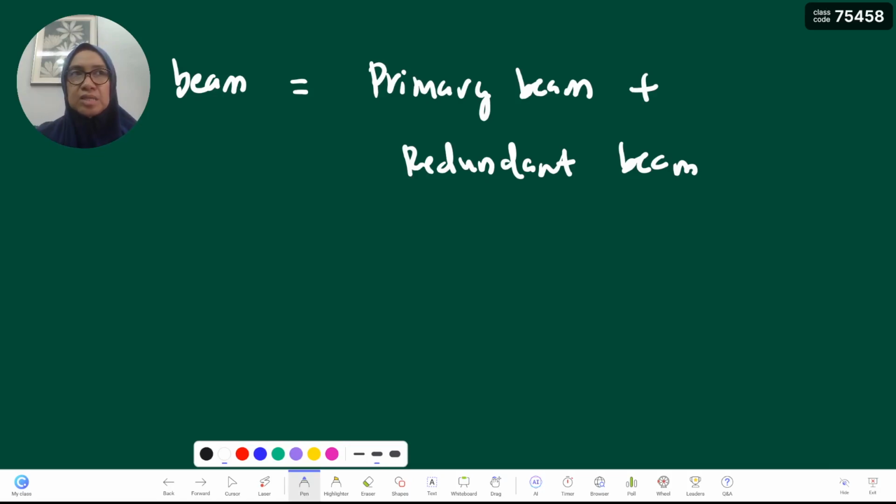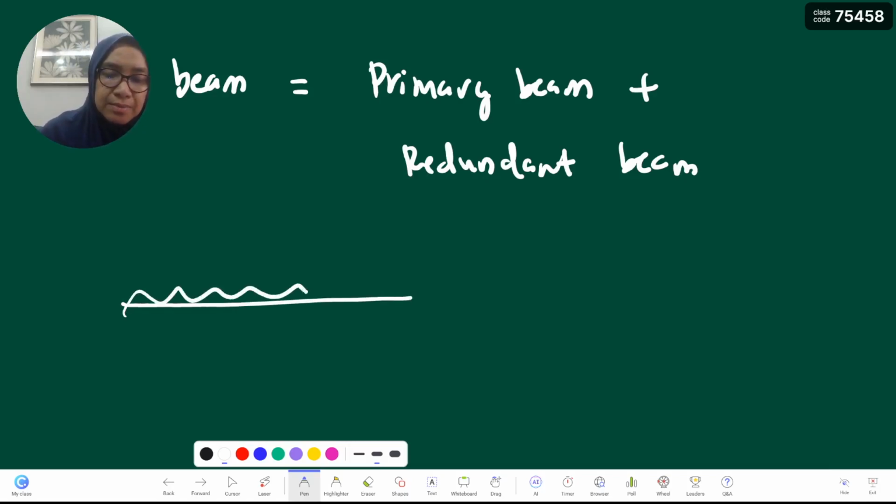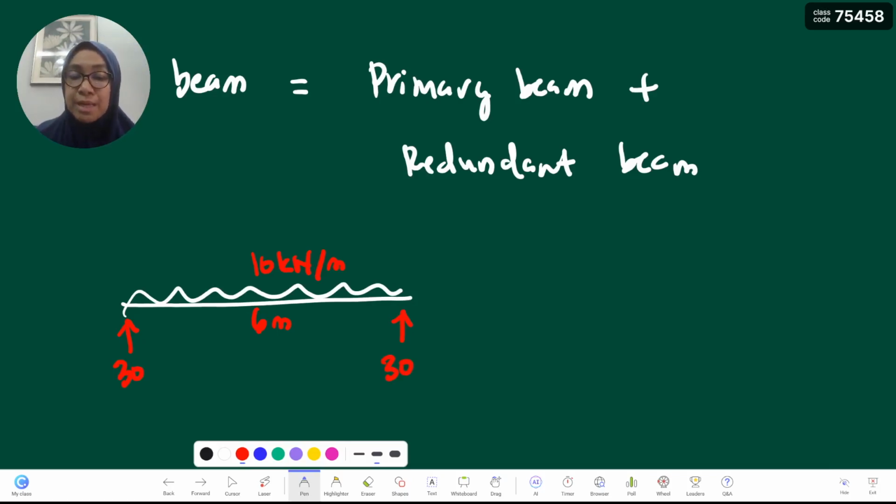Okay, this is based on the principle of superposition. So the primary beam is a simply supported beam subjected to UDL of 10 kilonewton per meter. So this is 6 meter long. So the reaction here is 30 kilonewton and 30 kilonewton for the primary beam.